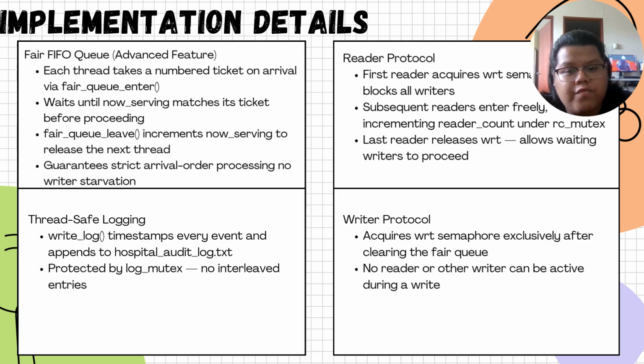When the last reader finishes and the reader count drops to zero, it releases wrt, signaling that a writer may now proceed. For writer threads, after clearing the queue, the updating doctor acquires wrt exclusively, meaning no reader or other writer can be active at the same time.